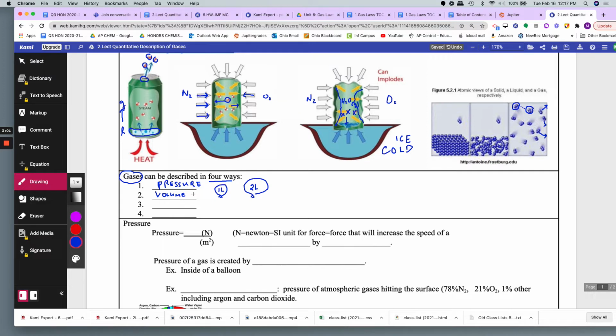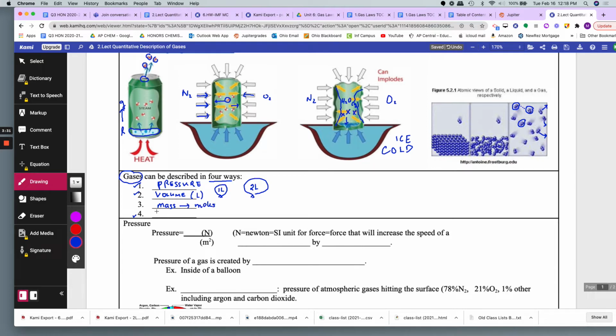So the units of volume are liters, milliliters, etc. Another way to describe a gas is by its mass. I know it's hard to weigh a gas, but we will use a formula later on to use the pressure, the volume, and something else to be able to get the mass. And that will also lead us to moles.